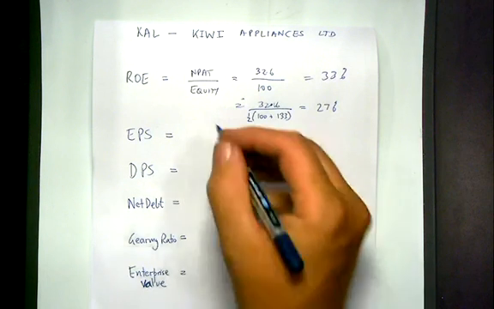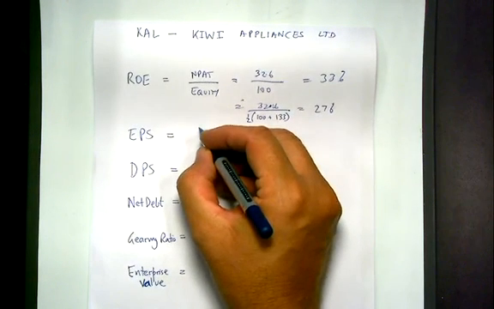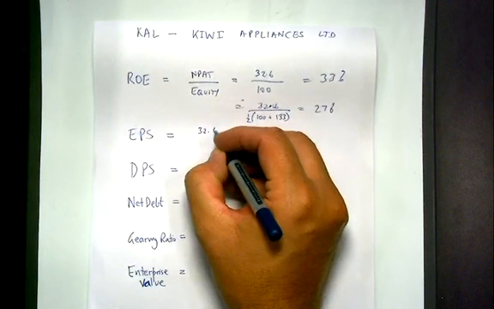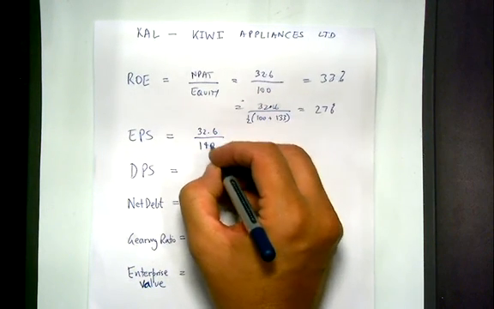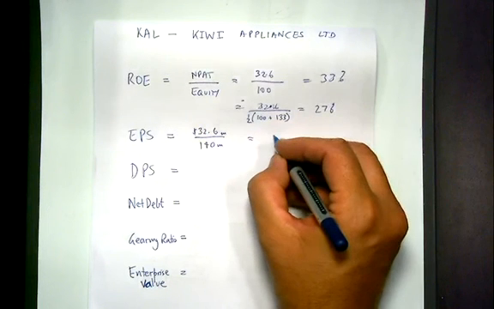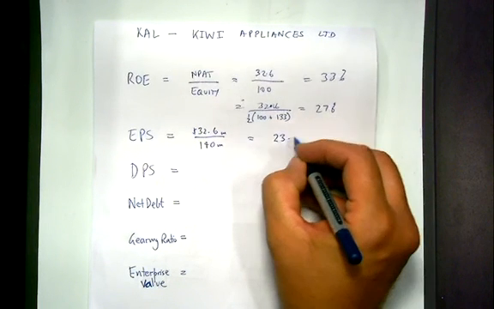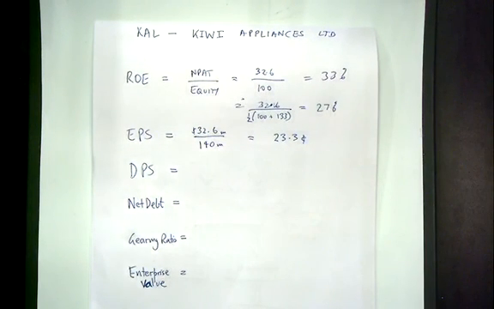That would be 32.6 divided by 140 million shares. And your answer was 23.3 cents. That's correct, spot on. So the company earned 23.3 cents per share in calendar 14.